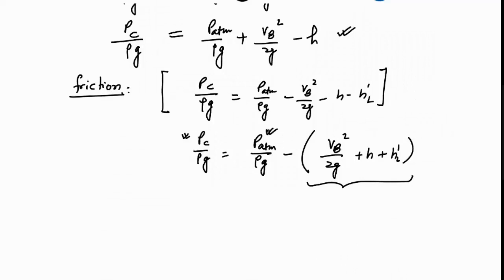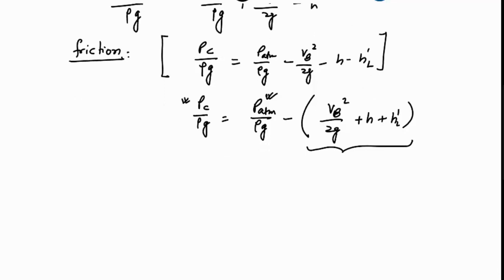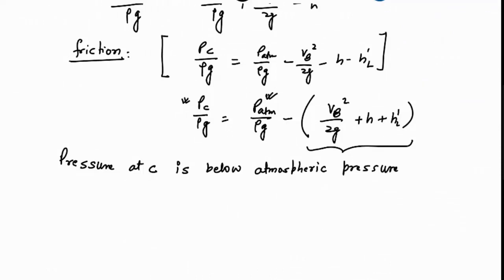I can say the pressure at C is below atmospheric pressure by this amount, VB square by 2g plus h plus HL dash. So by this amount the pressure is less.